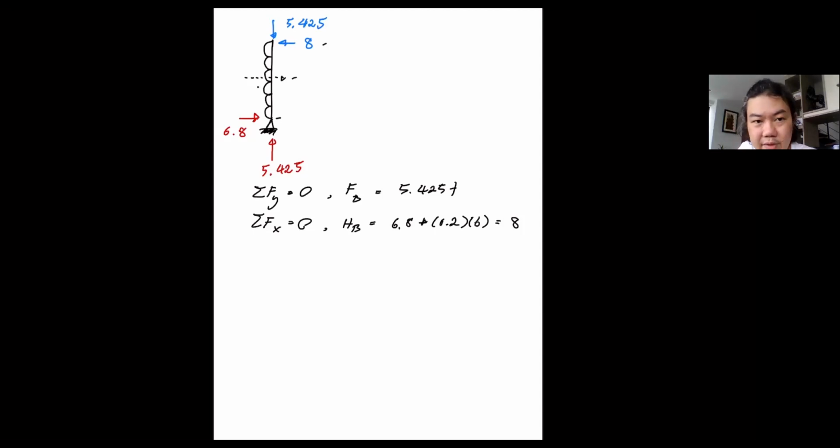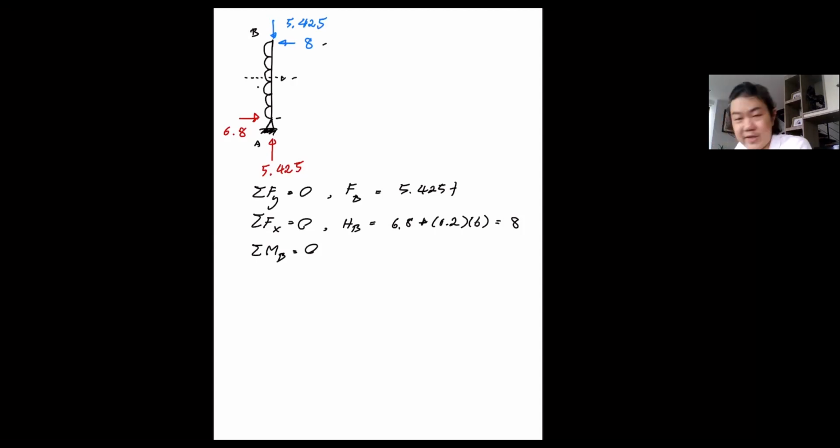So there must be moment to balance this member from rotating until eternity. Maybe I should write this down as a point B here, and then point A. So we now have sigma MB equal to 0, right? To try to solve MB. Just a small note on B here.